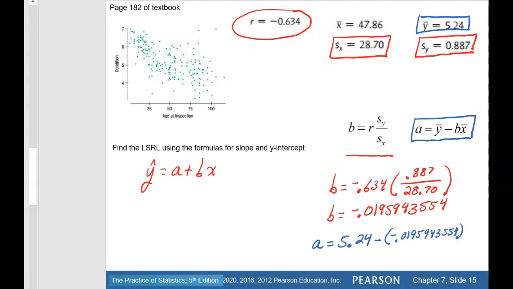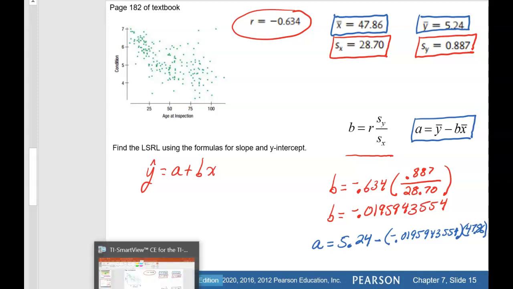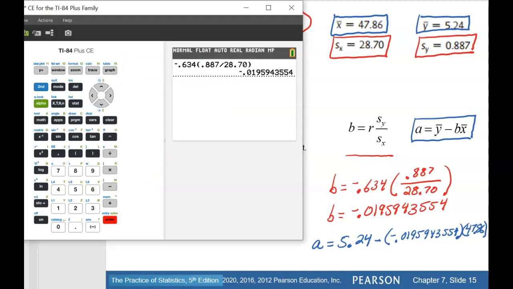And I'm going to show you how to do this in your calculator in a minute, times x bar. So x bar, I just put another blue box around it, is 47.86.